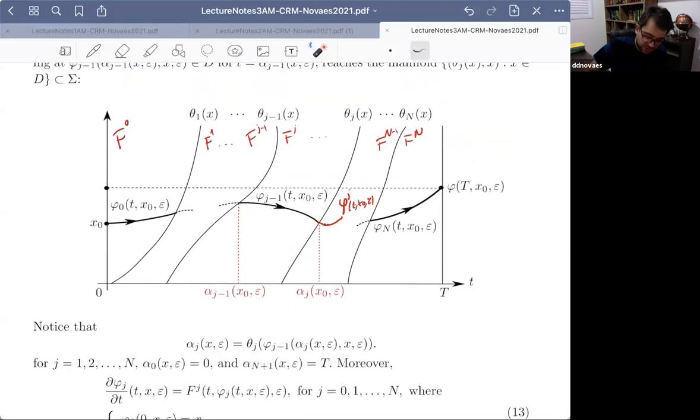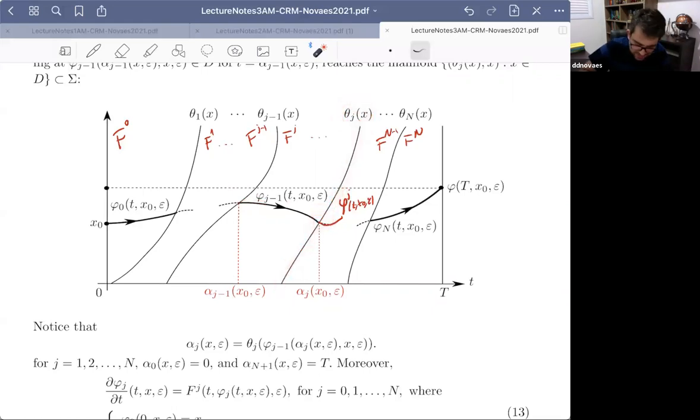Another thing that we can notice in this figure is an implicit relationship for this function alpha j, which is the time that this piece of the trajectory intercepts this graph, theta j.